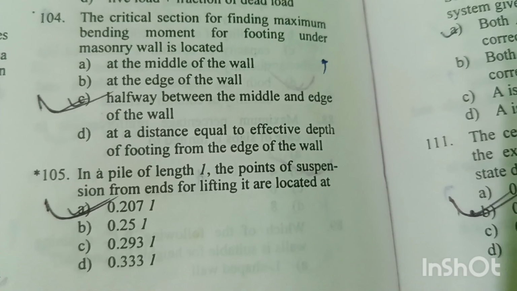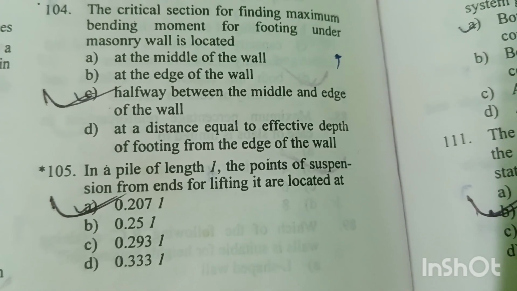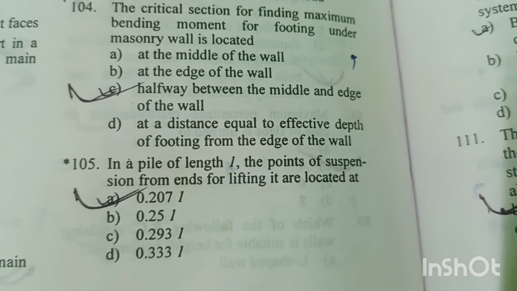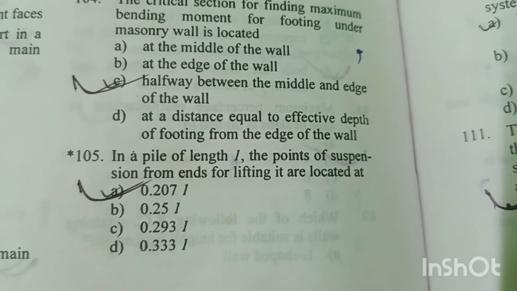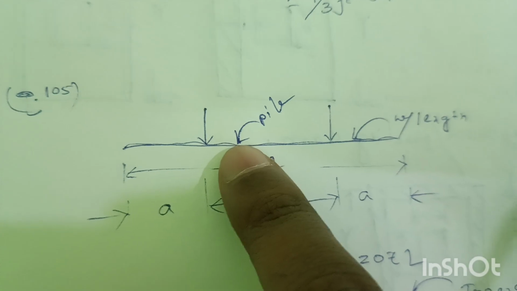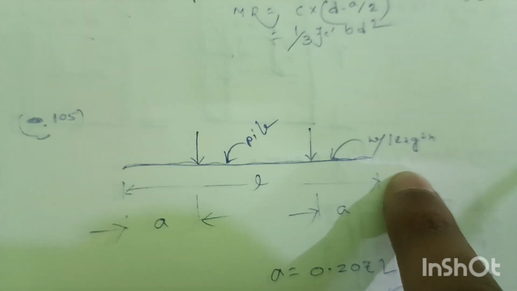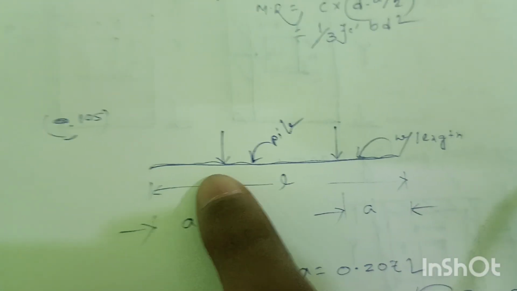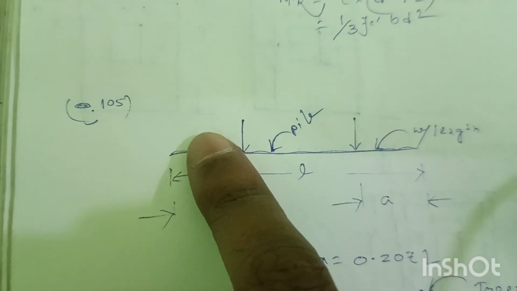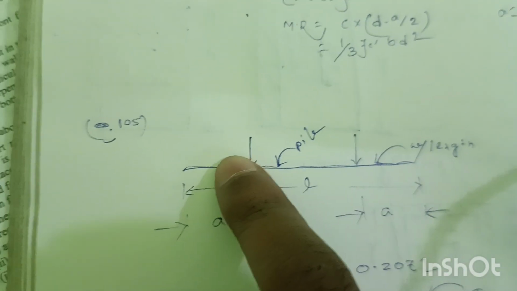Question number 105. In a pile of length L, points of suspension from ends for lifting it are located at 0.207 L. Option A is the right answer. Suppose this is the pile subjected to the loading W per length. And suppose this pile is lifted by these two points, here and here.